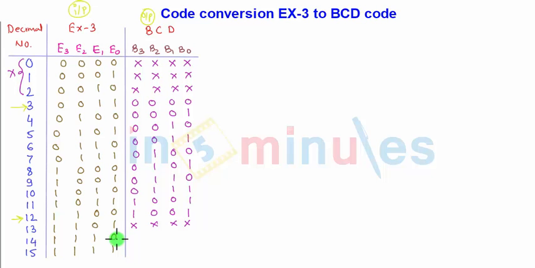Only the numbers 0 to 9 are there, starting from 0 all the way to 9. These are the valid BCD outputs. For the rest of the cases you need to put don't care. So again I'll put don't care conditions here for the last three outputs.